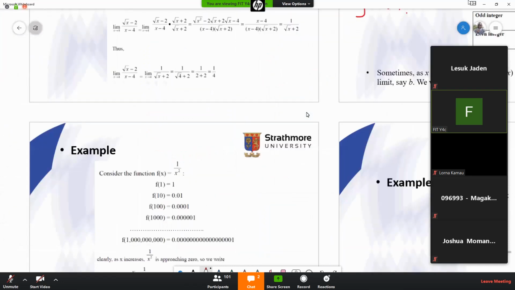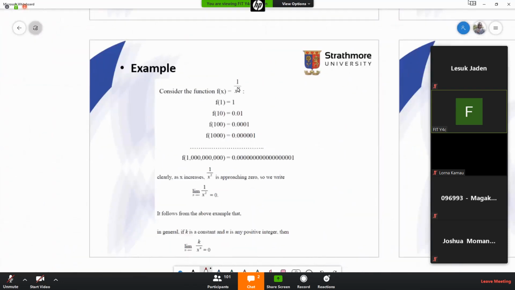There's an example here. If the function is 1 over x squared, as x is getting very large, it is going towards infinity. What does y go towards? You can just investigate always. So we don't write this, we just write the limit.